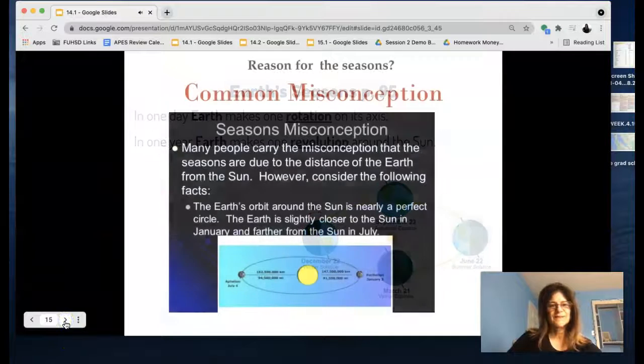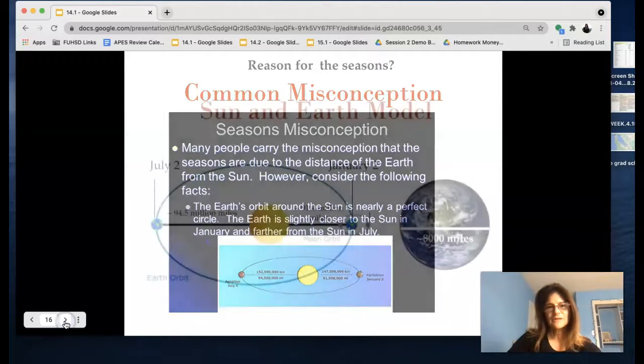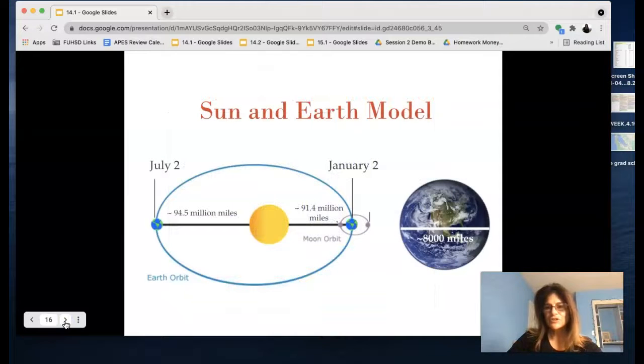Now, a lot of people mistakenly believe that the reason for the seasons is because the Earth is closer to the Sun at certain times during the year. It turns out this is actually true, but it's not the reason for the seasons. The Earth is actually closer to the Sun in January, which ironically is our winter, but we are talking really large distances here.